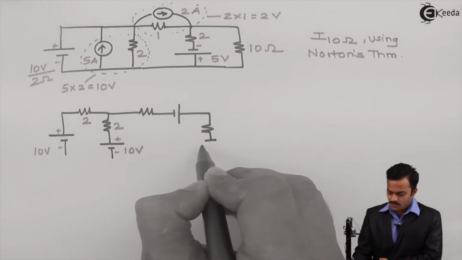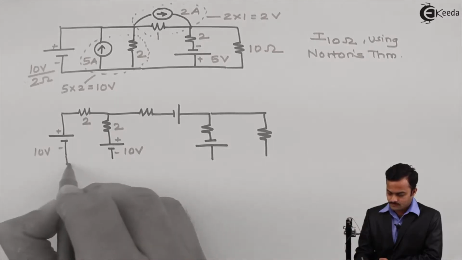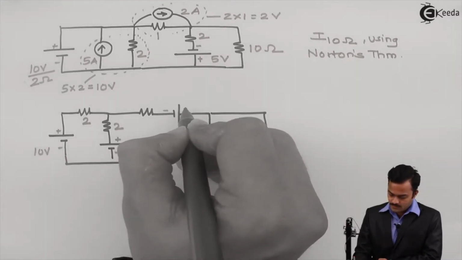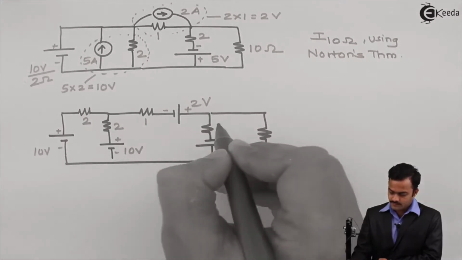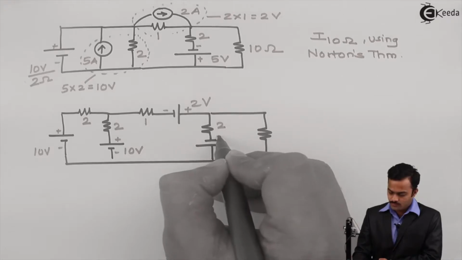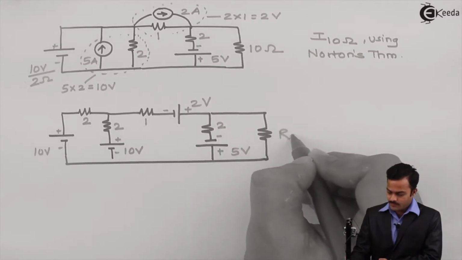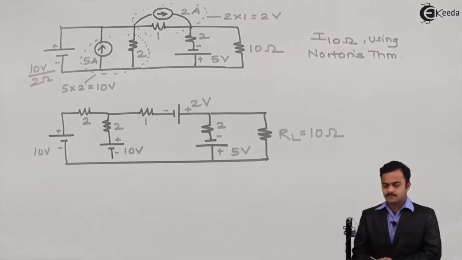And the remaining part of the circuit will be as it is. So I will have here a battery of 2 volt and a resistance of 1 ohm. Here 2 ohm and battery 5 volt as it is, and this will be our RL through which we are supposed to find out a current.